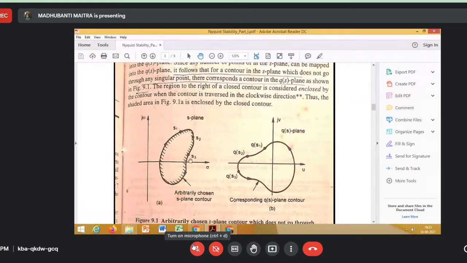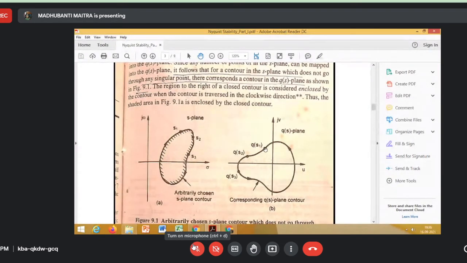Similarly, we'll get QS3. And since the starting point was S1 and the terminating point is again S1, on the QS plane we'll get QS1, QS2, QS3, QS4, and finally terminate right onto this particular point, which is QS1.